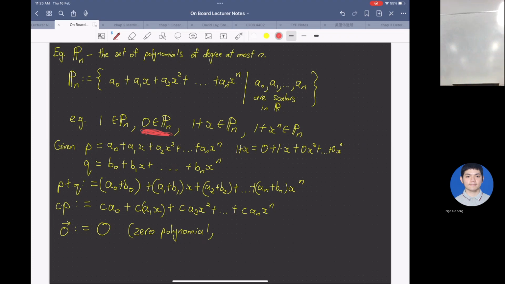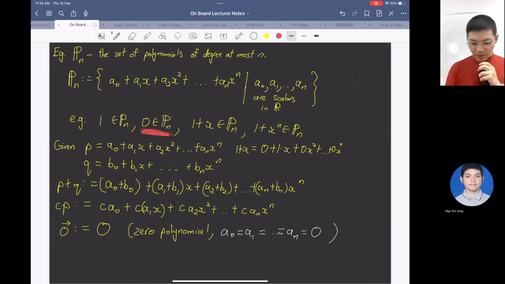You can pick any scalar you want, right? So how do you make the zero polynomial? You take every scalar equal to 0. Good.